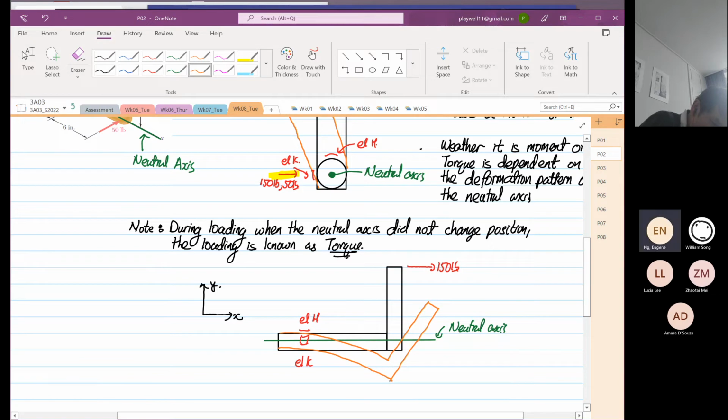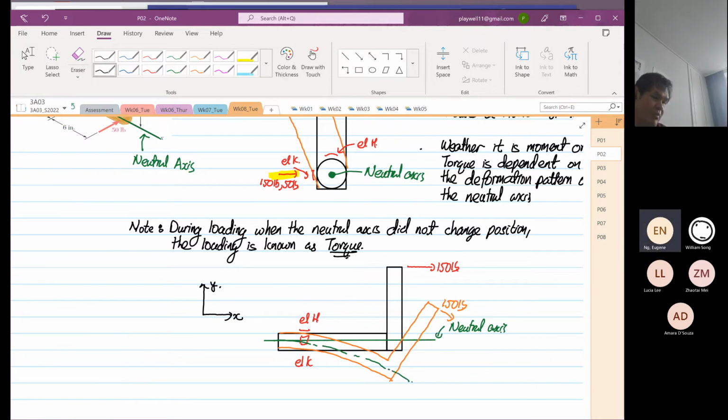Okay, so this is where we have our 150 pounds. And if you look at our neutral axis, how it is deformed, it looks like this now. Can you see the difference? Okay, so this is where it is a moment.